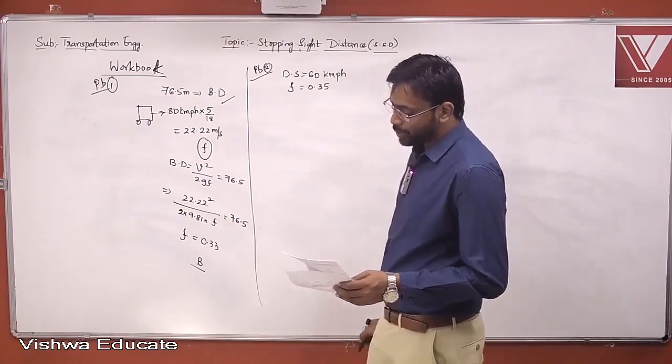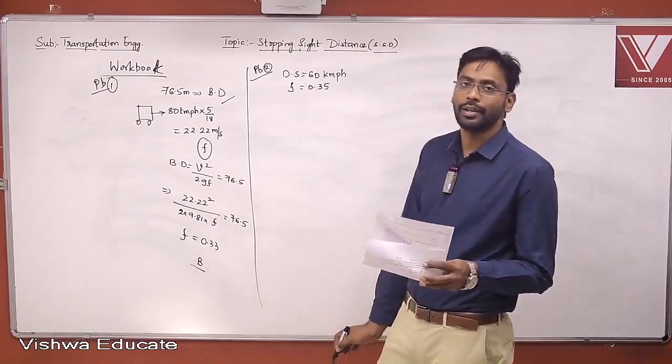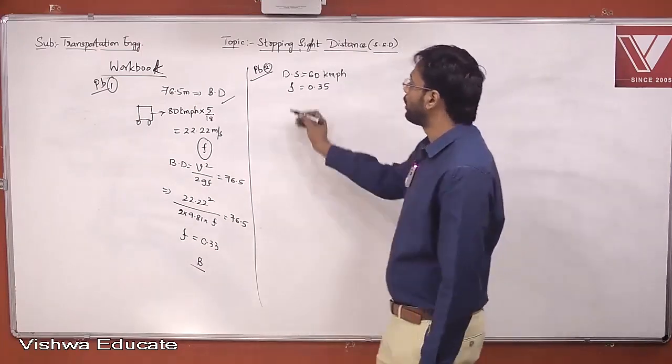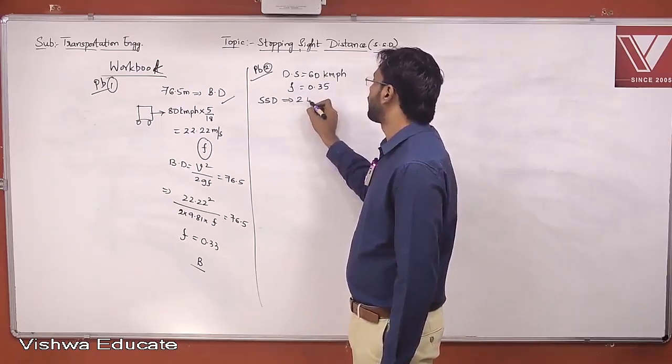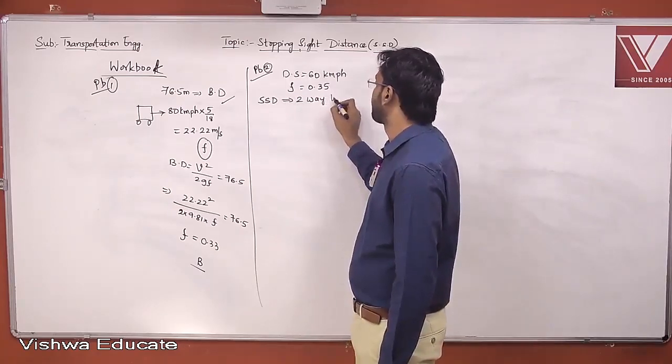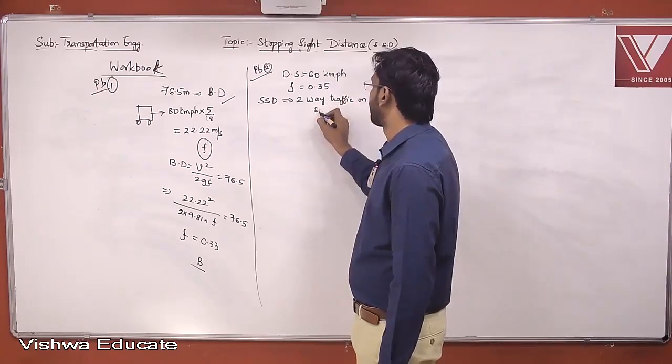Calculate the required stopping sight distance for two-way traffic on a single lane road. So we need to calculate the stopping sight distance for two-way traffic on a single lane road.